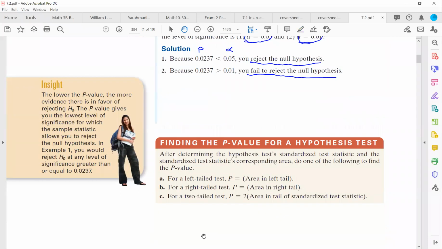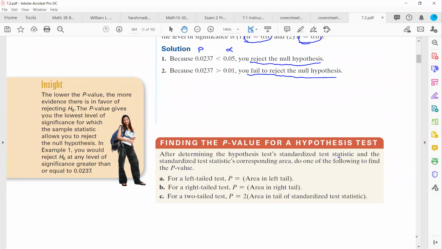So you should be asking, how do we find a p-value? First of all, you need to identify your null hypothesis and alternative hypothesis, then you move on to your test statistic. And then after that, you need to find the area related to that test statistic.